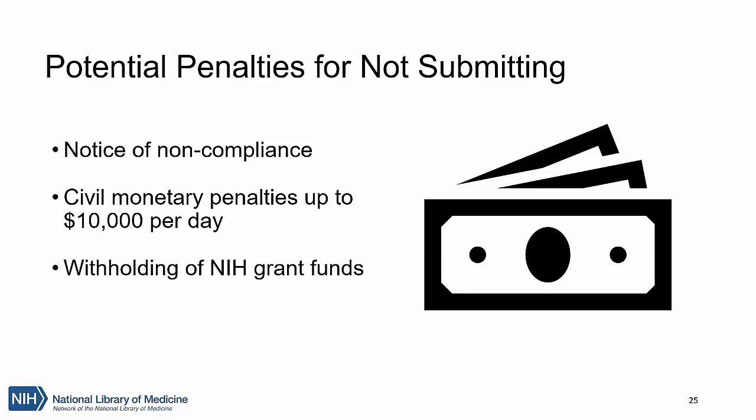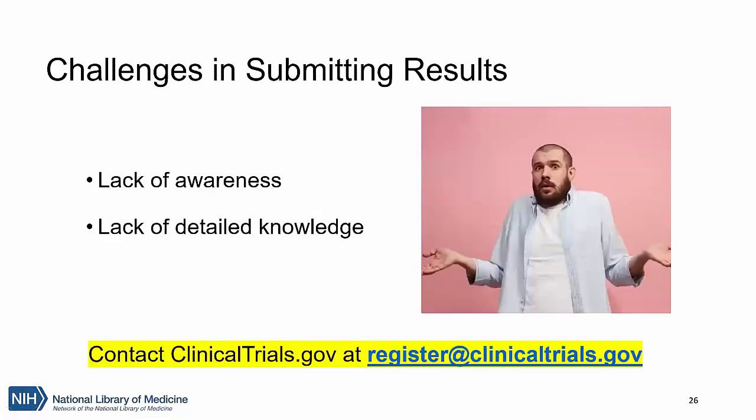They include civil monetary penalties of up to $10,000 per day and the withholding of NIH grant funds. So as you can see, these penalties bring serious consequences, not just to the individual investigators, but also their institutions. So it's important to be compliant.